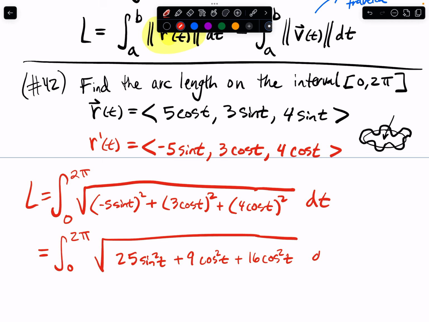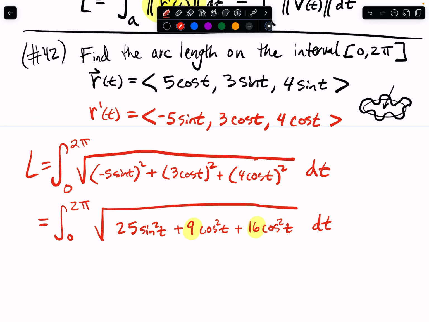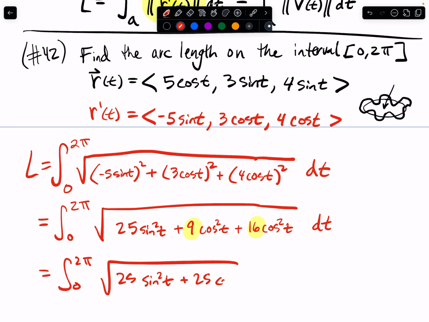Now, the nice thing about this is it's going to work out. This and this added together makes 25 as well. So we get 25 sine squared t plus 25 cosine squared t.